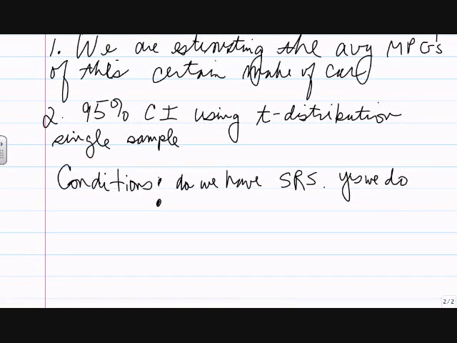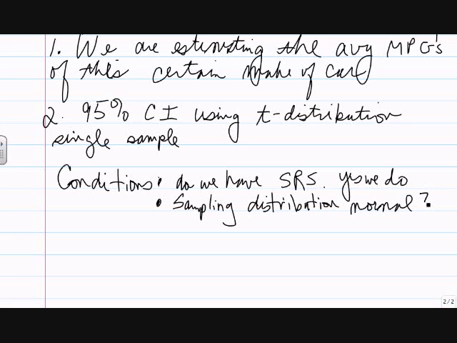Condition number 2, normality. We want the sampling distribution to be approximately normal. Here's the way we check it. I ask myself, is the population distribution normal? If that answer is no or unknown, then I go to my next check.